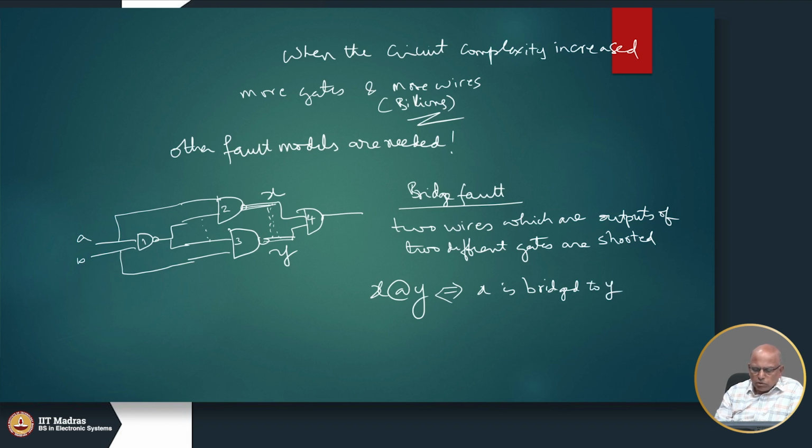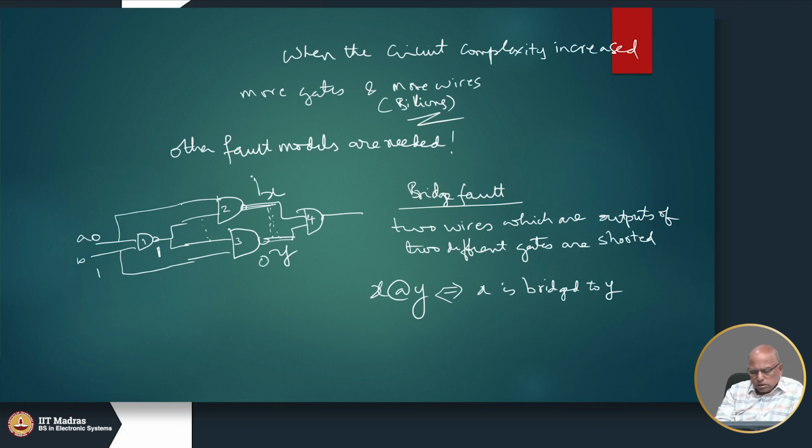So when does it pose a problem? It poses a problem if the two outputs are different. If X is 1 and Y is 0. Suppose I apply a 0 1, then this output will be 1, and this output will be 0 and this output will be 1.